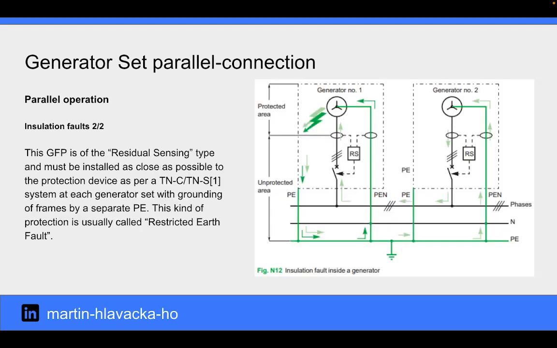This ground fault protection is of the residual sensing type and must be installed as close as possible to the protection device as per a TNC or TNS system at each generator set with grounding of frames by a separate PE. This kind of protection is usually called restricted earth fault.